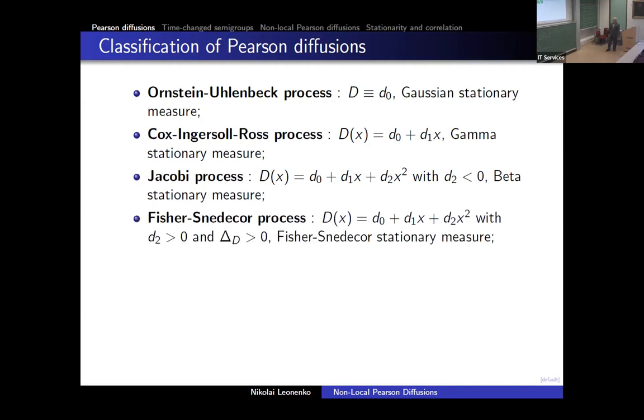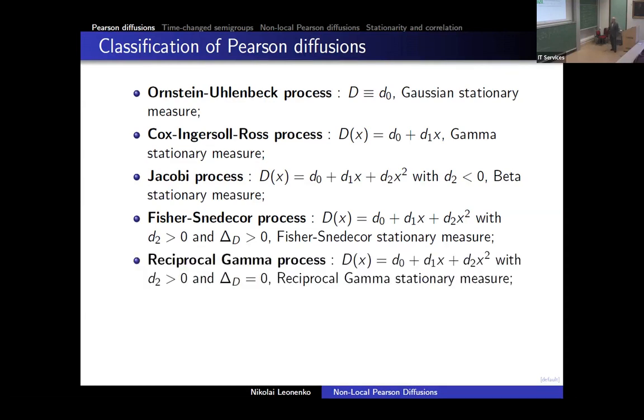Well, so far no anomalous diffusion, but there are also other cases, which we call Fisher-Snedecor diffusion, in which we have the full quadratic term here, d2 is not 0, and the discriminant is positive, and the stationary measure is the Fisher-Snedecor measure, which we teach students in statistics.